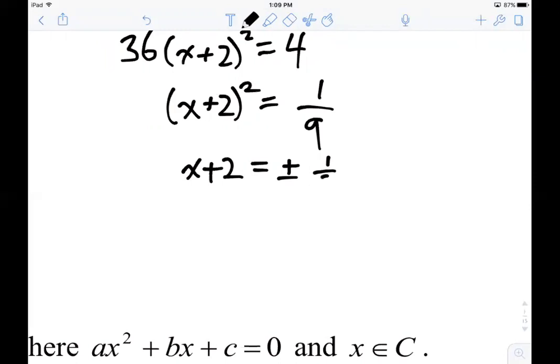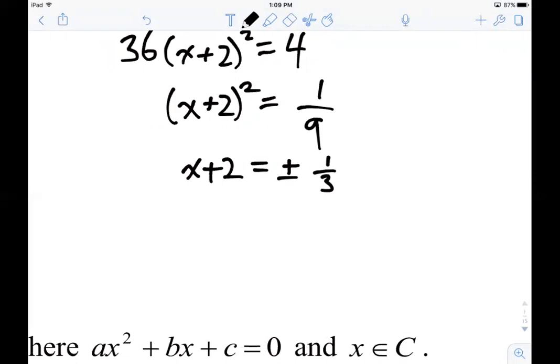So the square root of 1/9 is positive or negative 1/3. And again, it's got to be positive or negative, because if I took positive 1/3 and squared it, I get 1/9. But if I took negative 1/3 and squared it, I would also get 1/9.